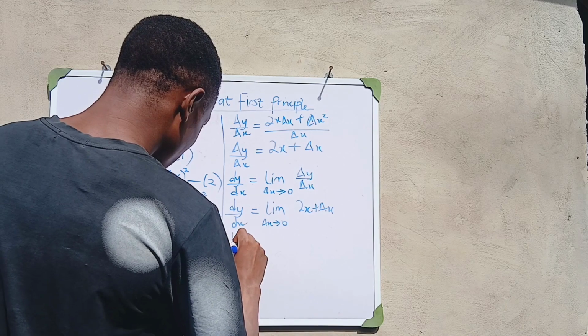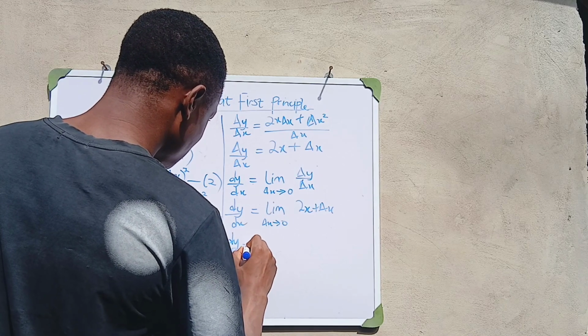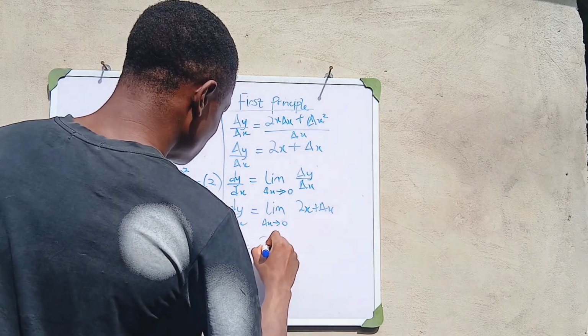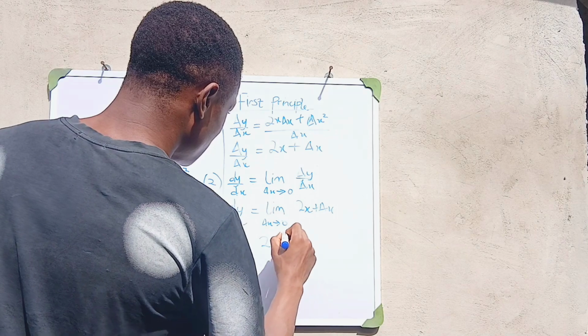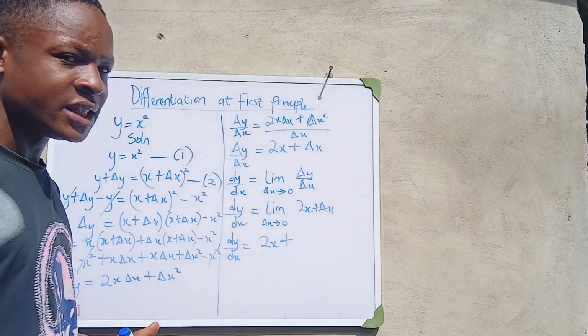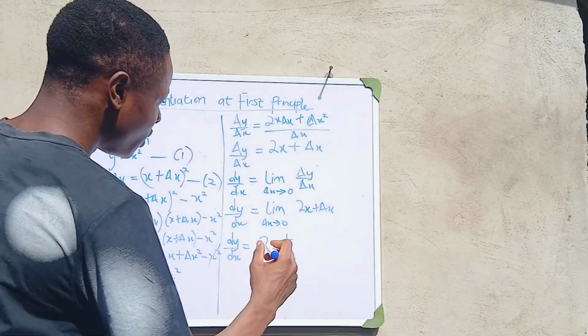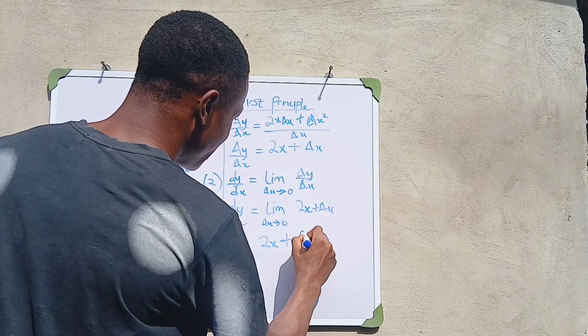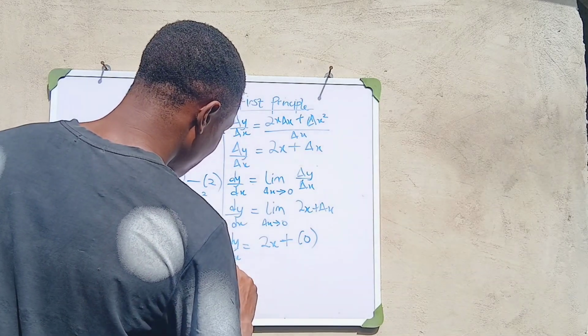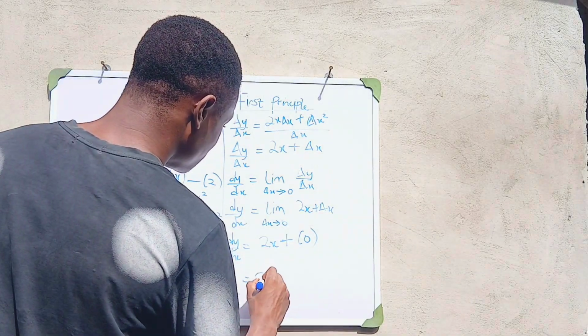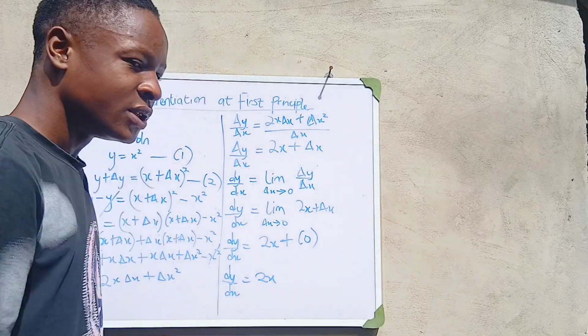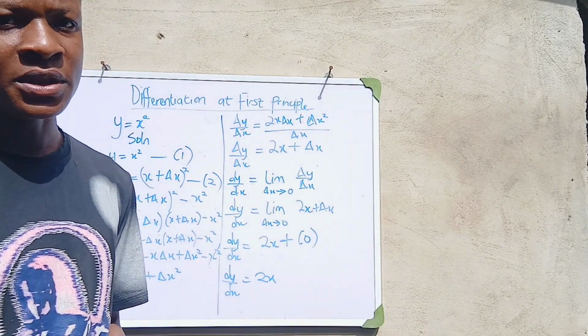So we have dy over dx is equal to 2x plus, now we are going to substitute our change in x to be 0. So change in x becoming 0, we have 0. So our dy over dx is equal to 2x.